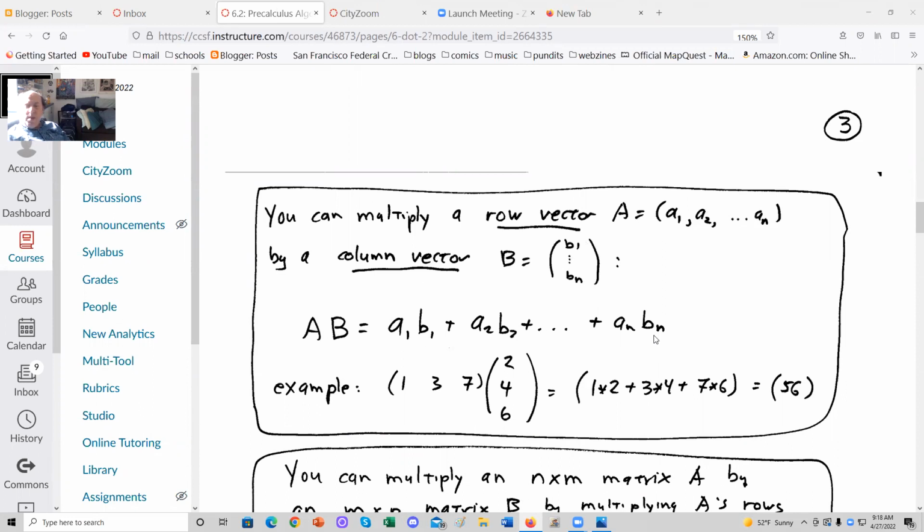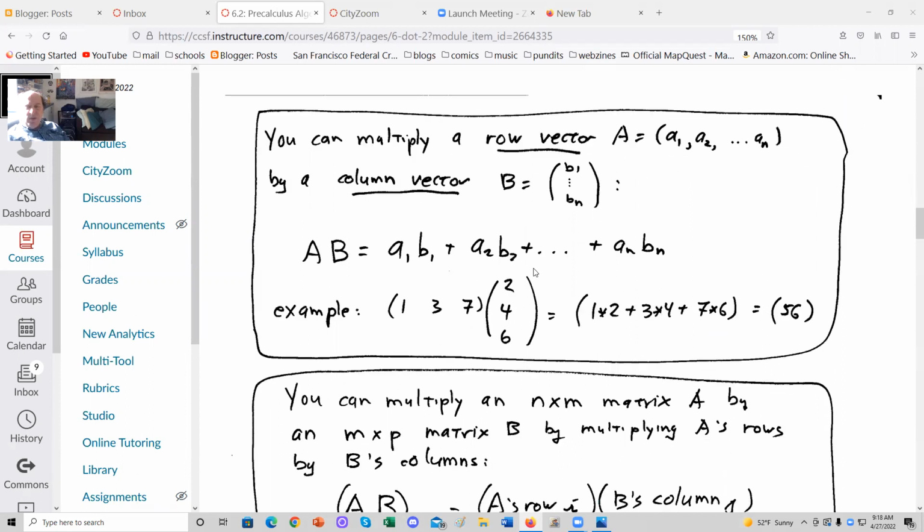So we multiply corresponding entries and sum the total result, and that is called a matrix product, but in the specific case, it's also called a dot product. All right, so (1 3 7) times (2 4 6) is 1 times 2 plus 3 times 4 plus 7 times 6. After a bit of arithmetic, that's 56.